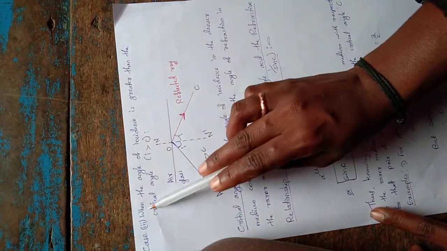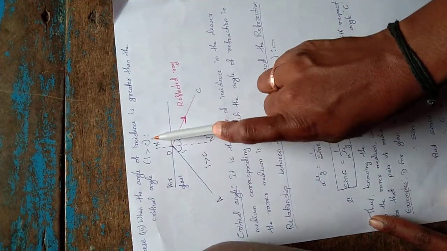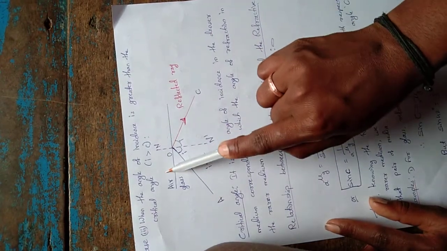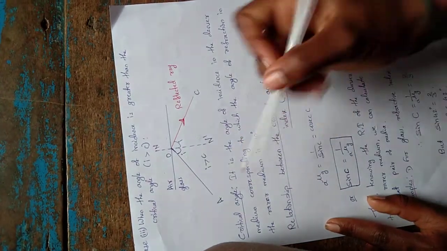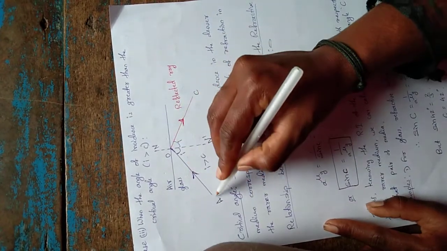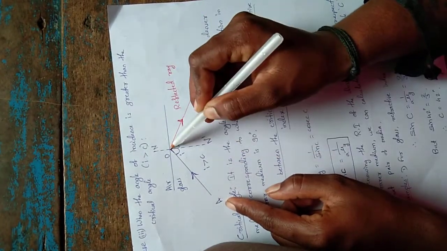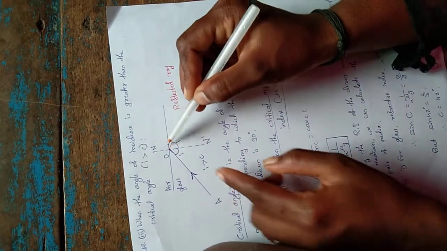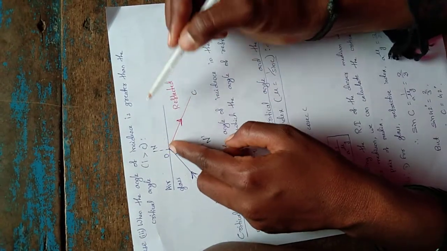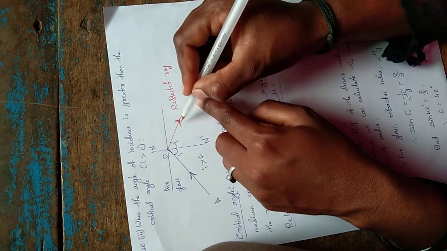Next, the third case is when the angle of incidence is greater than the critical angle, i is greater than C. Same condition: air rarer medium, glass denser medium. We are passing an incident ray from denser medium to rarer medium. AO is the incident ray, and it will reflect into the same medium.